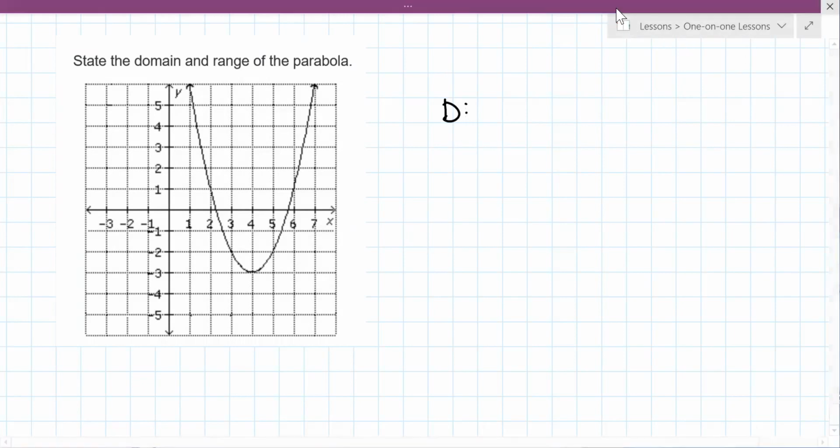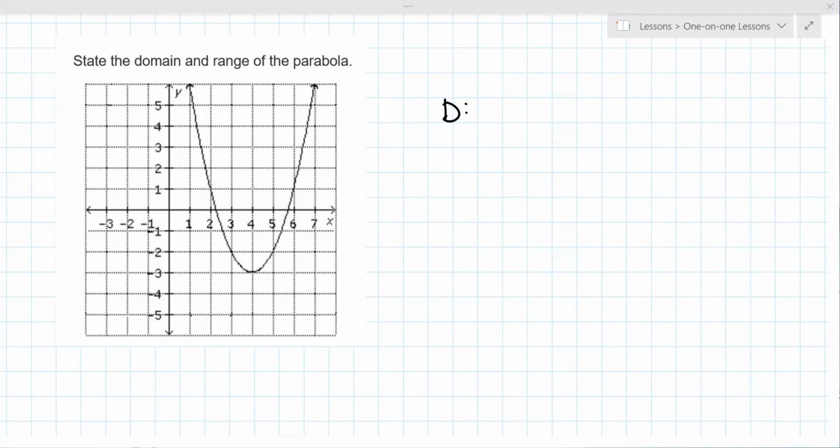Well, I know that domain is always all real numbers. That's good. That's a good starting point. Yes, the domain is all real numbers. Do you remember what the range depends on? The x and y value? Nope. The min and max? Okay, it does. It depends whether it opens up or down.